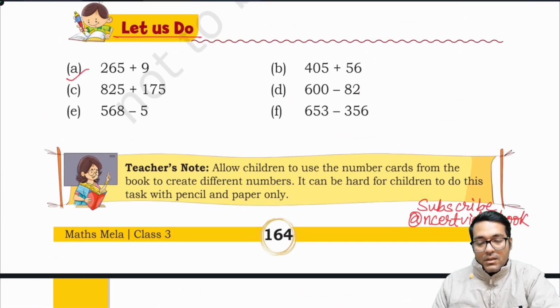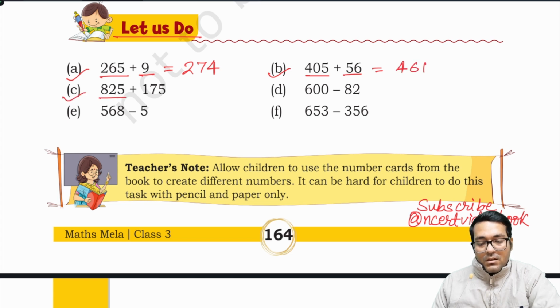Let us do A. 265 plus 9 is equal to 274. B. 405 plus 56 is equal to 461.